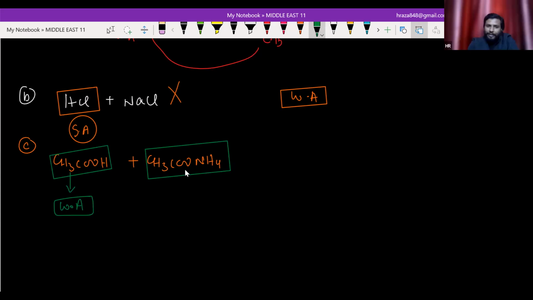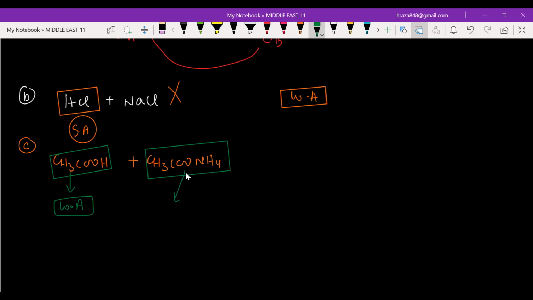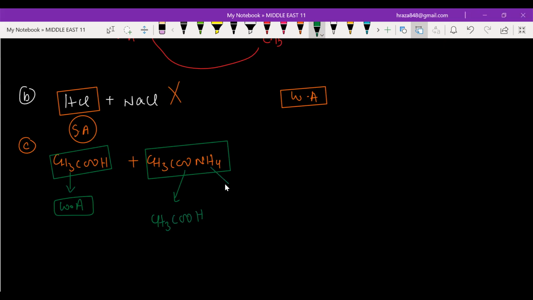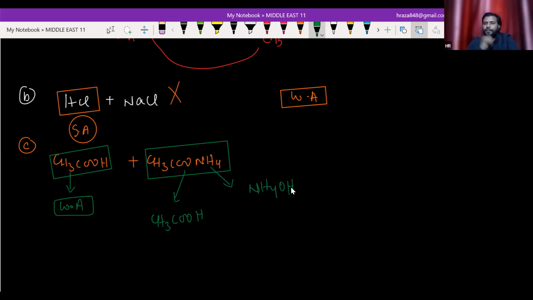Now look at this. Salt is prepared from acid and base, right? So in this salt, which acid is involved? CH3COOH, right? And which base is involved? NH4OH, ammonium hydroxide. Is this clear, everyone? Yes, sir.